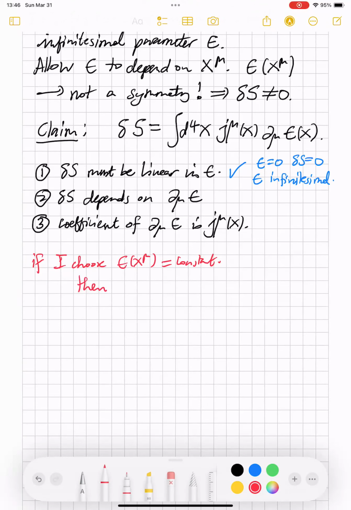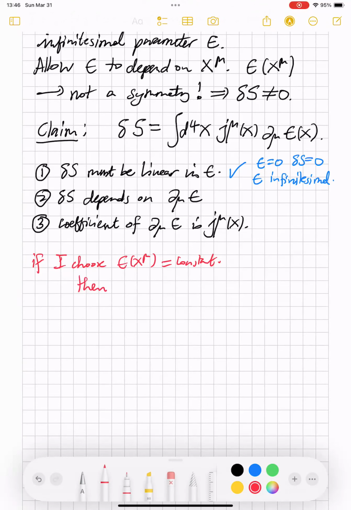So I have to make sure that if epsilon was some constant, delta S would vanish. But how do I do that? Well, it should depend on a derivative of epsilon, because it's a derivative of epsilon that will vanish when epsilon is a constant. So good, it must depend on d mu epsilon. Why? Epsilon equals constant. Well, this is a symmetry, and that means delta S is 0.